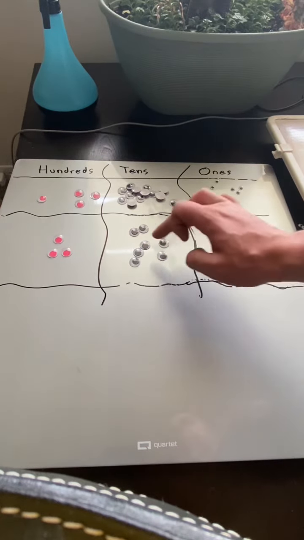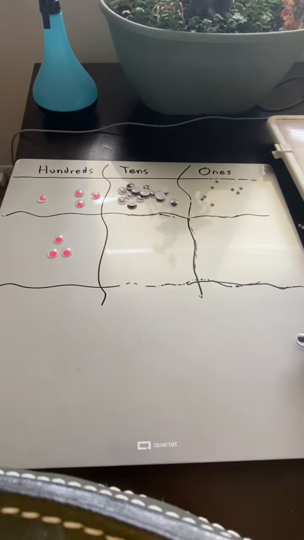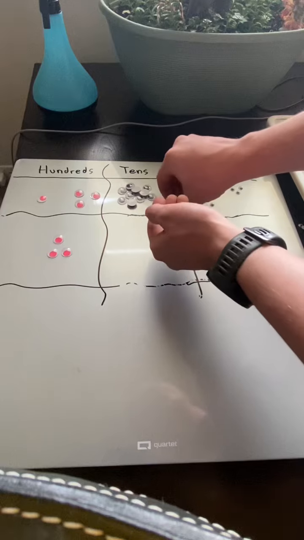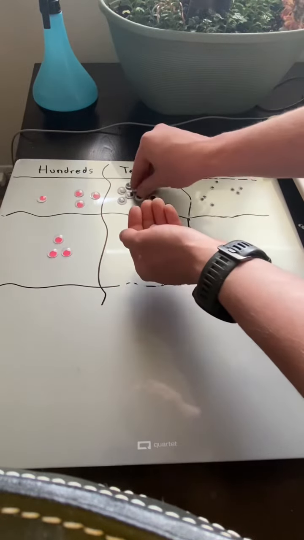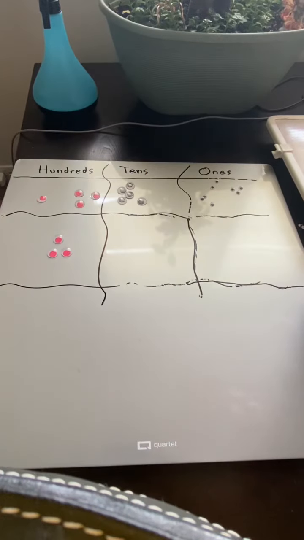So 1, 2, 3, 4, 5, 6, 7, 8. We're removing 8 from both sides. We're left with 5 tens.